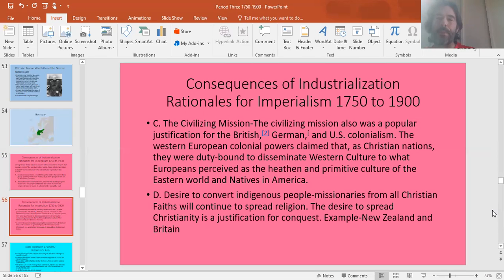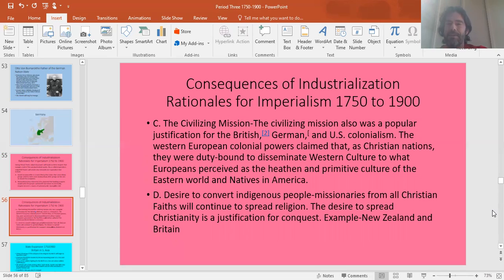They're so backwards in their economic systems and in their religion that we have a moral duty towards them to conquer them and to spread our practices and to spread our religion of Christianity to them.